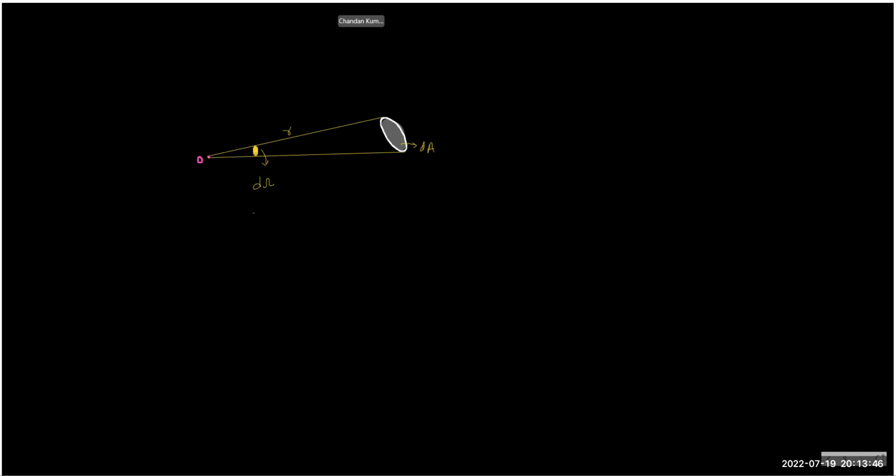So the trick is simple. We draw a sphere of radius r. So first of all, I'll draw a radius from O to the center of the patch. And do remember, this is a small area. dA means nothing. You cannot see it. I am drawing something like this for illustration. So imagine the sphere of radius r.